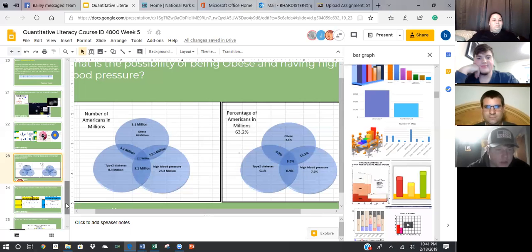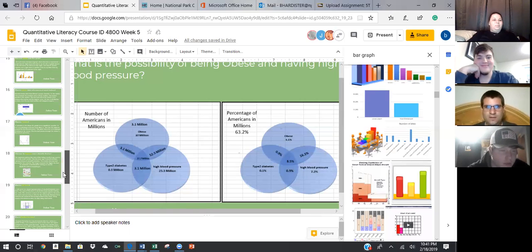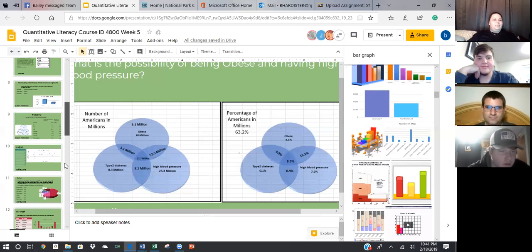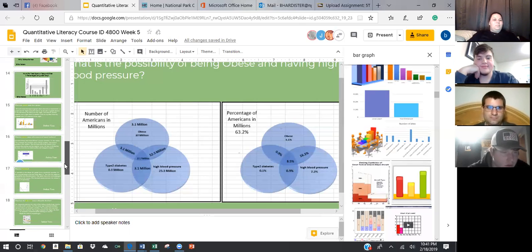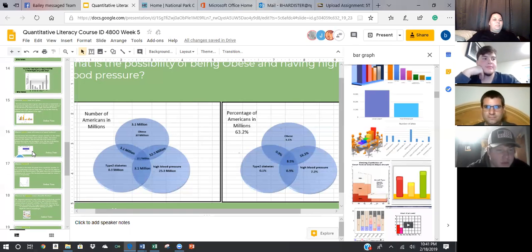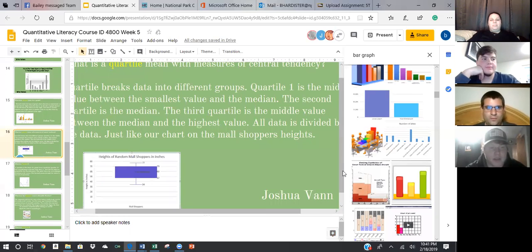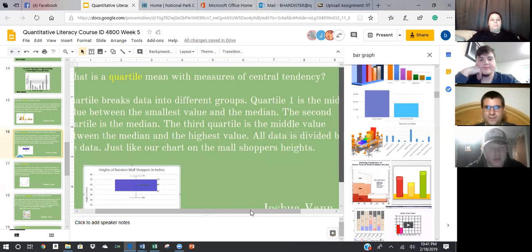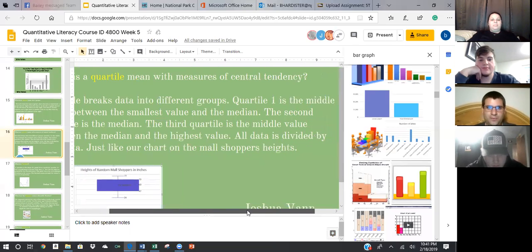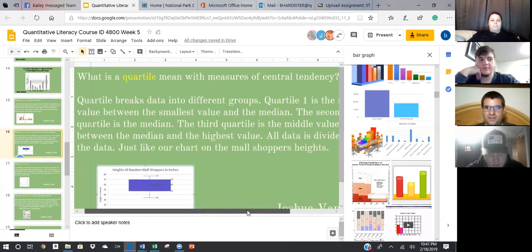What does skew mean for a graph? No, it's what is a quartile? What does a quartile mean with measures of central tendency? Quartile breaks data into different groups. Quartile 1 is the middle value between the smallest value and the median.